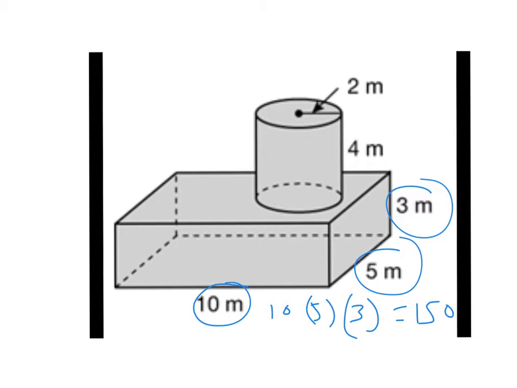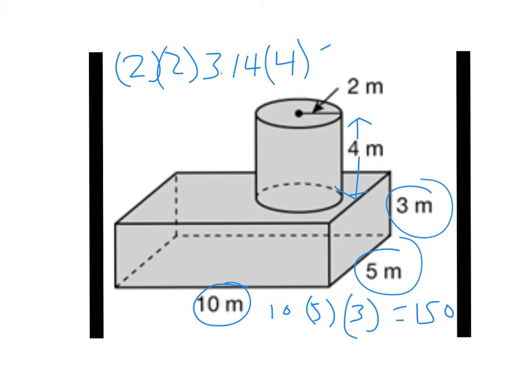Now we're going to do the volume of the cylinder. Remember, for the cylinder, we get the area of the circle, radius, radius, pi, and we multiply it by the height, which looks like it is 4. So let me do all that. It would be 50.24.